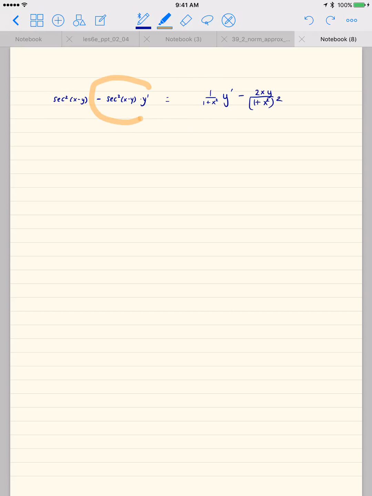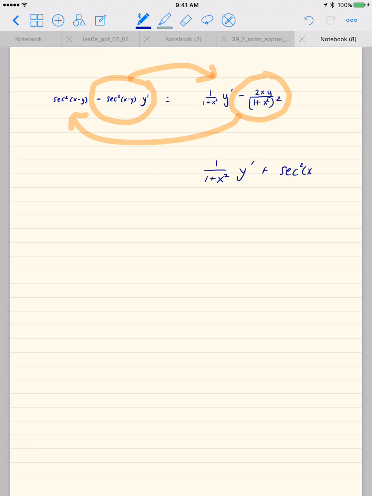I'm going to move this over here and move this over here. Okay, so I'll have 1 over 1 plus x squared, y prime, plus secant squared x minus y, y prime.